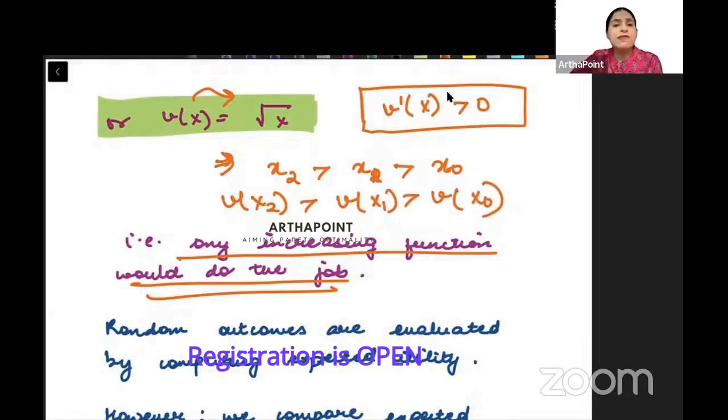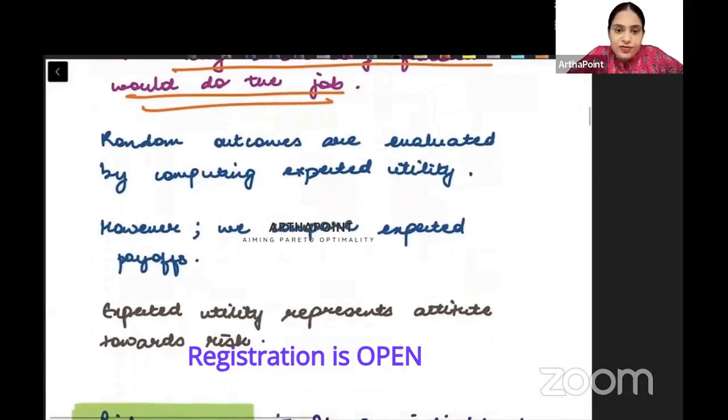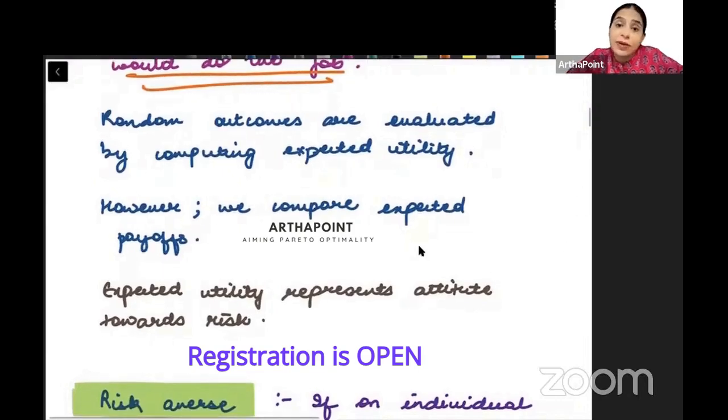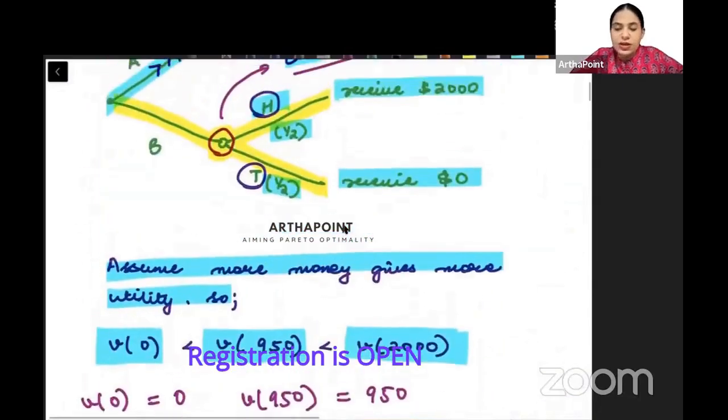Now one issue or one thing that we have to try and understand in case of this kind of preference is that we are not always interested in understanding the payoff. बहुत बारी हमें इससे मतलब नहीं होता कि हमें payoff कितना मिल रहा है.